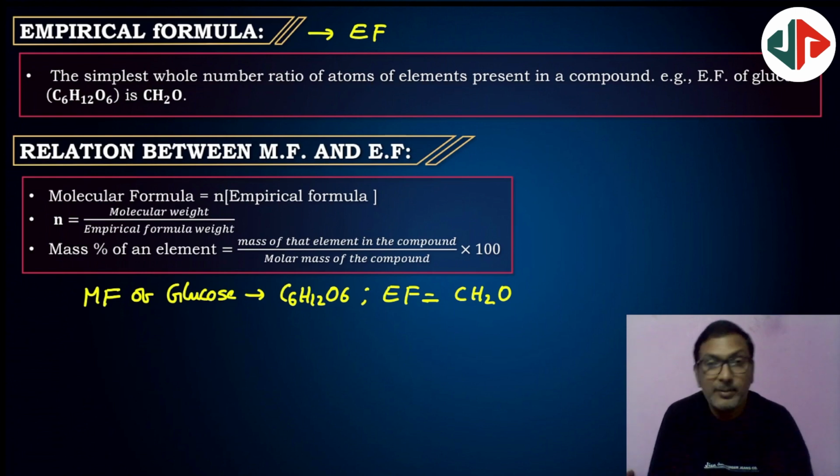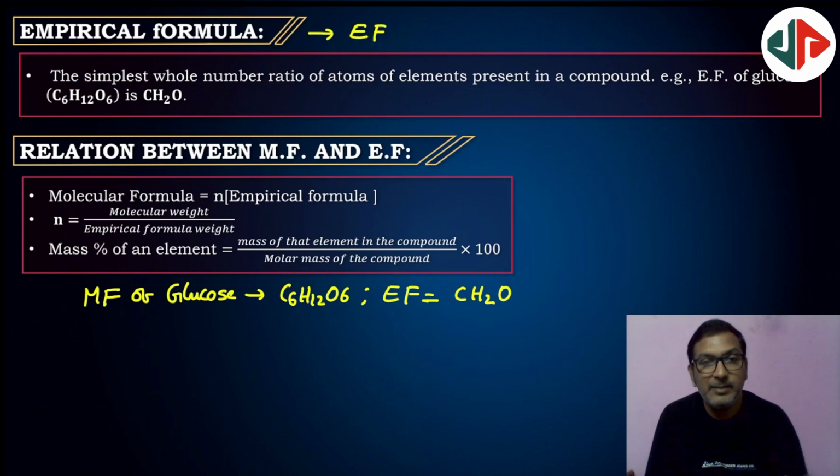So the empirical formula gives information about the simplest ratio of atoms of different elements, while the molecular formula gives information about the actual number of atoms of different elements present in the given molecule. The relation between them: molecular formula equals n times the empirical formula.